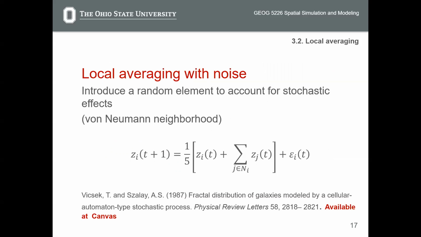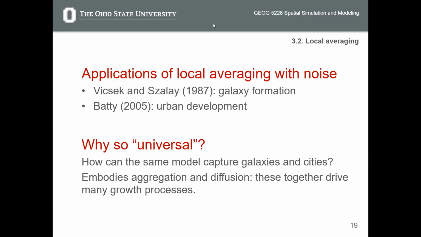There is no concept, but they're powerful. These two models are building blocks. As long as it fits, you can give a specific context to these models. This context could be galaxy formation, could be urban development. So that's the power of building blocks, basic simulation models.